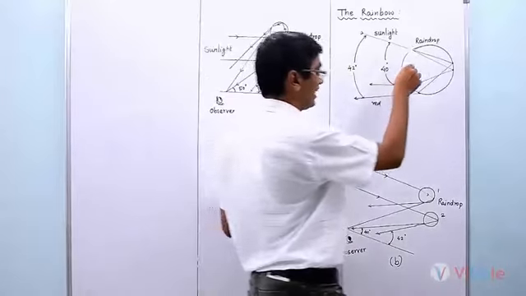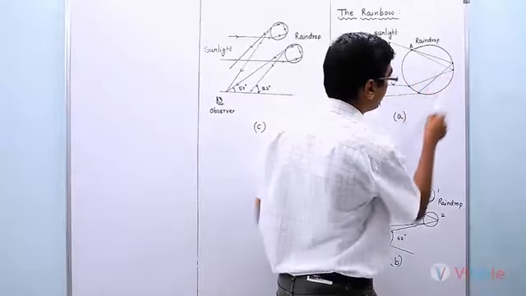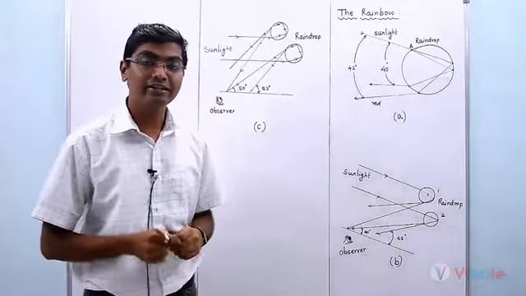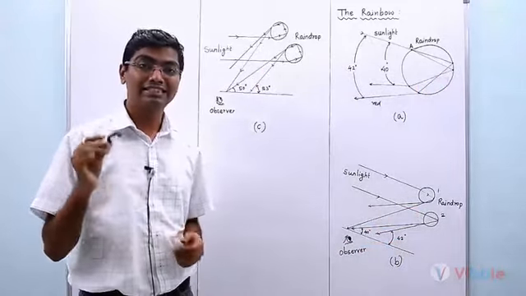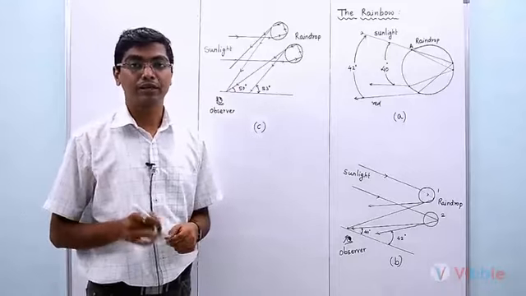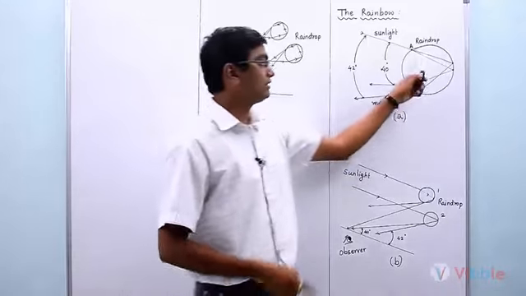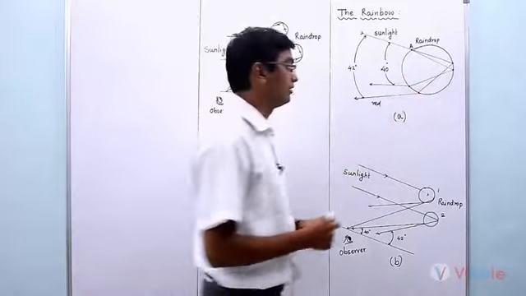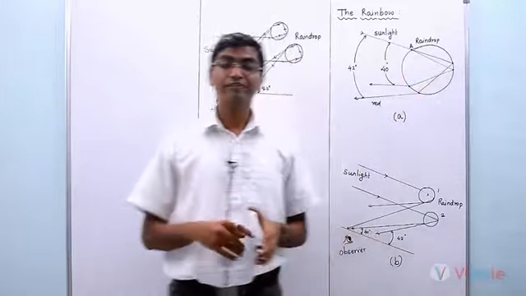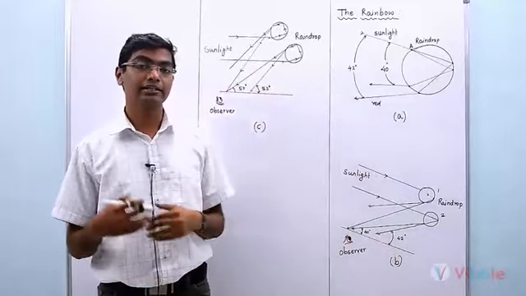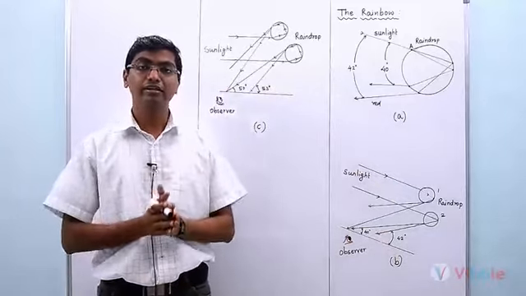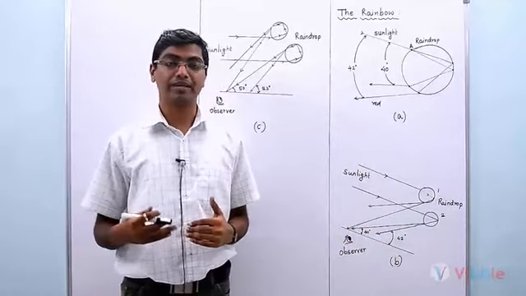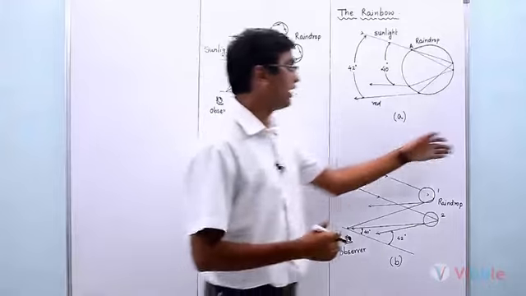Now both these rays undergo total internal reflection at these 2 points, provided their angle of incidence is greater than the critical angle. So let's assume in this case this angle of incidence is greater than the critical angle. As we know, whenever the angle of incidence is greater than the critical angle, the ray is completely reflected internally and no part of the ray goes out.